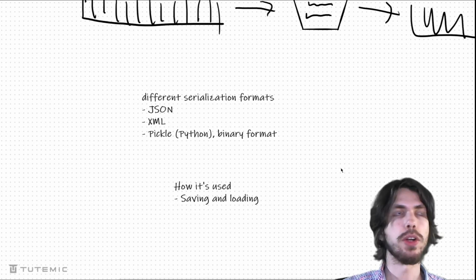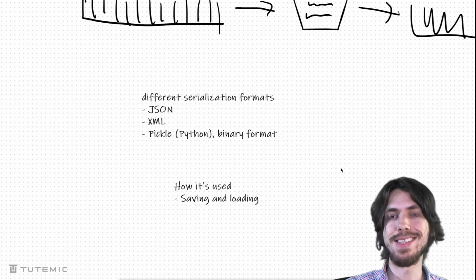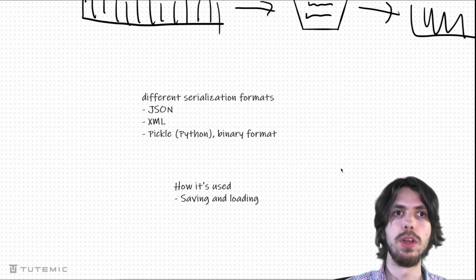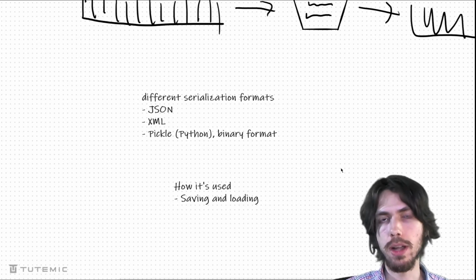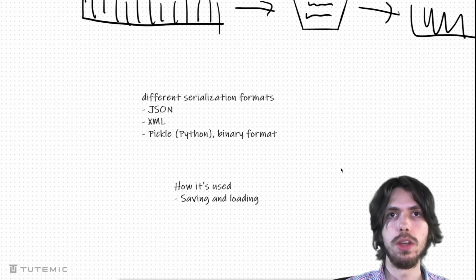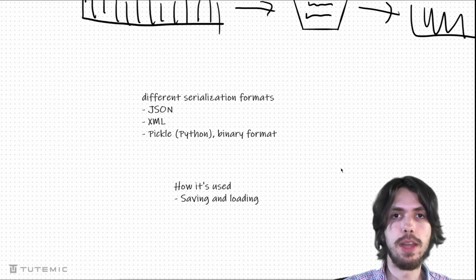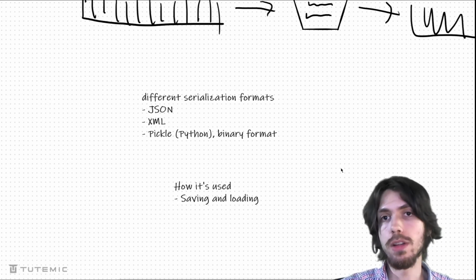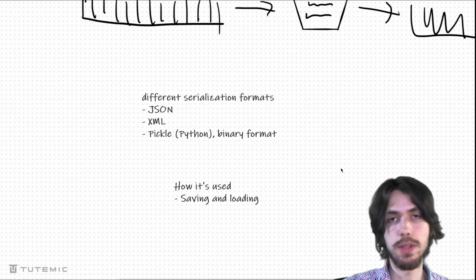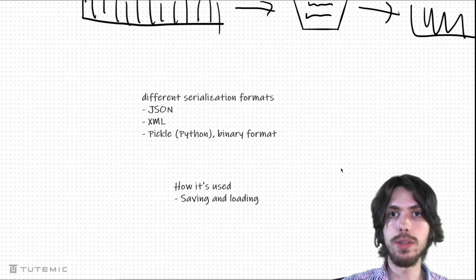If you're creating a game where the player wants to be able to save the current state of the game such that they can turn off the console or turn off the game and boot it back up and get back to where they were, you would want to be able to save the state of the game into some kind of file format, right? And so you would potentially be the one writing your own type of file format.